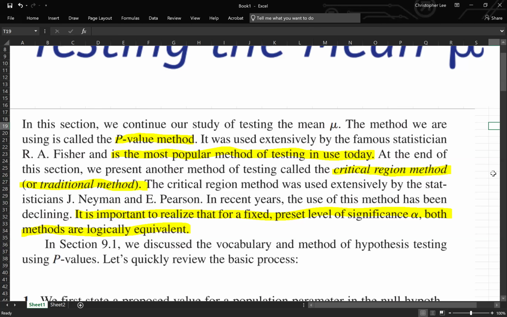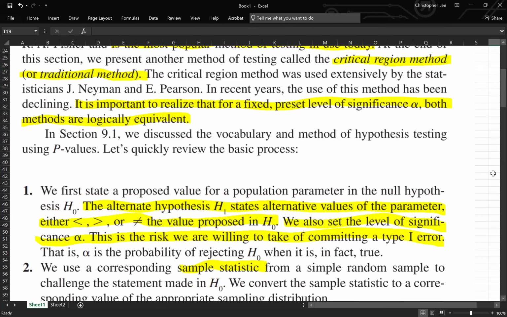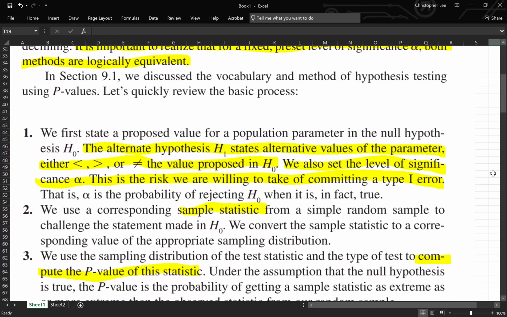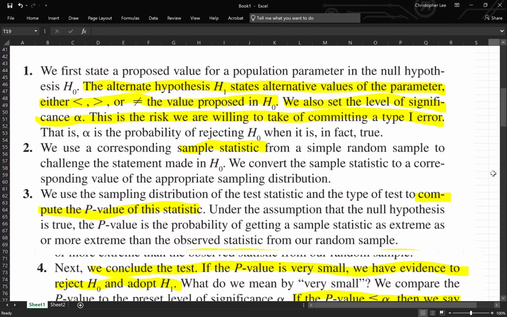In the last section, we discussed the vocabulary and the method of hypothesis testing using the p-value. Let's quickly review the basic process. These are our 5 steps. We first stated a proposed value for a population parameter in the null hypothesis, that's the H0.